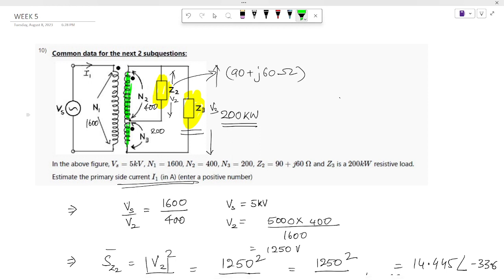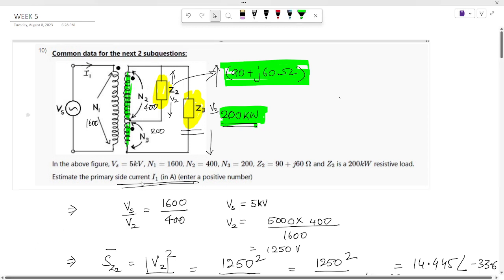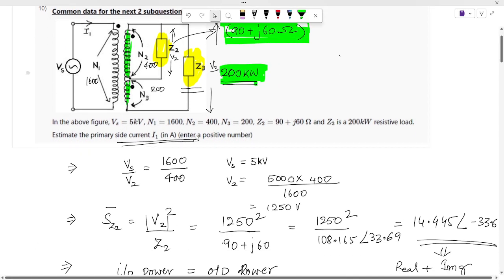Z2 is connected to a 90 plus j60 resistive plus inductive load, and Z3 is a 200 kilowatt purely resistive load. They have asked us to estimate the primary current entering.